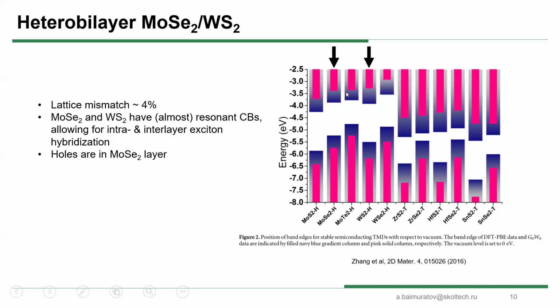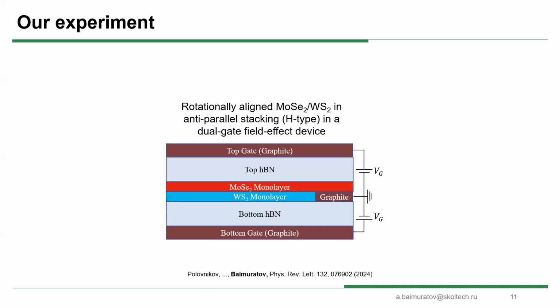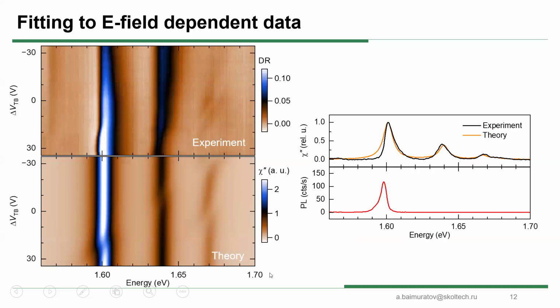In one work, we tried to understand whether it is a type 1 or type 2 heterostructure. For that reason, we built this system. As I said, we have a heterostructure with insulators on both sides, and we can apply voltage. We study this system by applying an electric field perpendicular to the layers and fit the model.